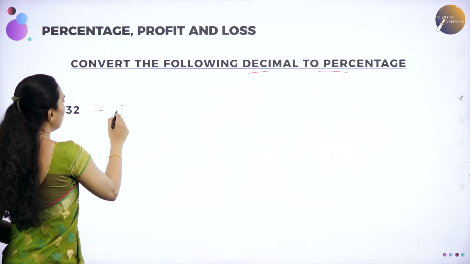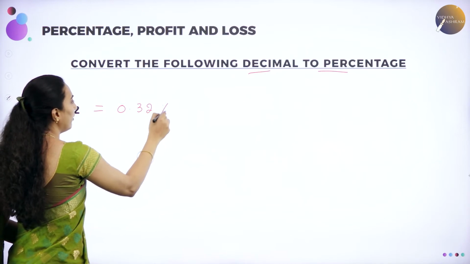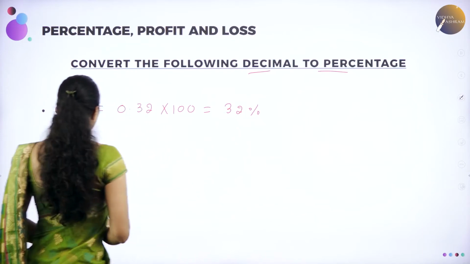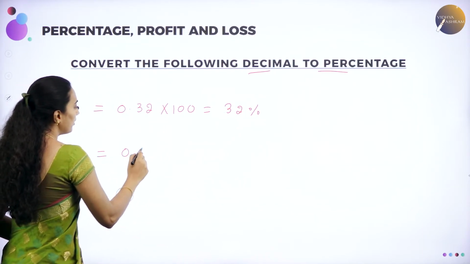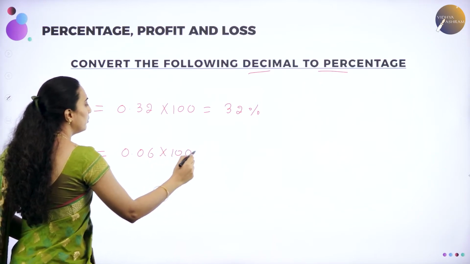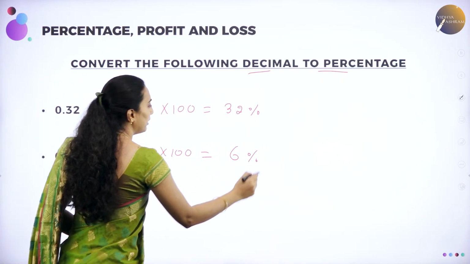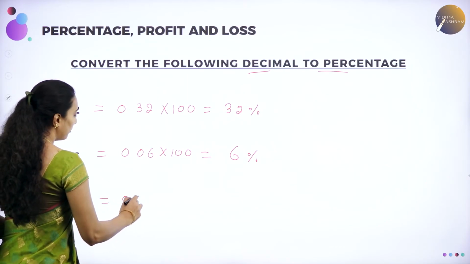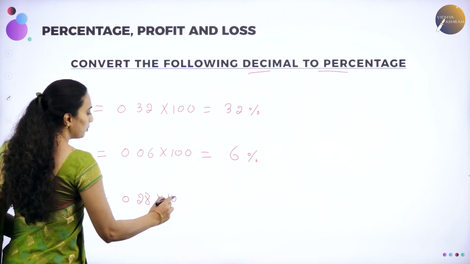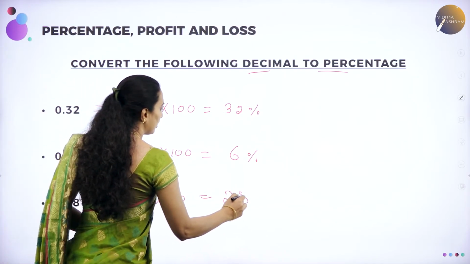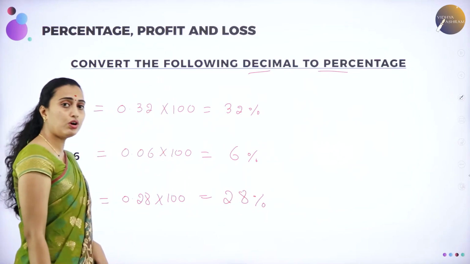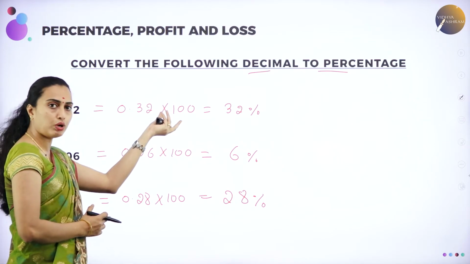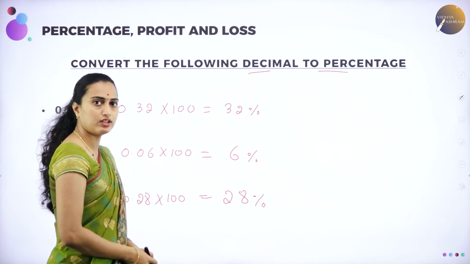So 0.32 can be written as 0.32 into 100, which is nothing but 32 percent. Similarly, 0.06 into 100 gives you 6 percent. Similarly, 0.28 multiplied by 100 gives you 28 percent. Now you came to know that multiplying the given decimal by 100 gives you a percentage. That's it, dears.